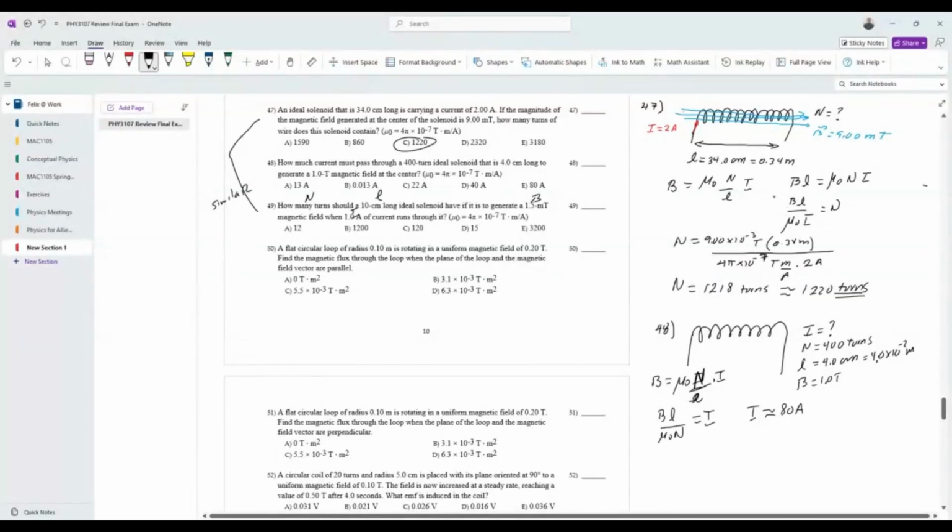So what equation will you use? You will use the same equation that we used in number 47. And they give you everything: the field 1.5 millitesla, the length 10 centimeters, the current 1 ampere. We know the constant mu sub 0, so it's just to find the number of turns. It's exactly the same thing.